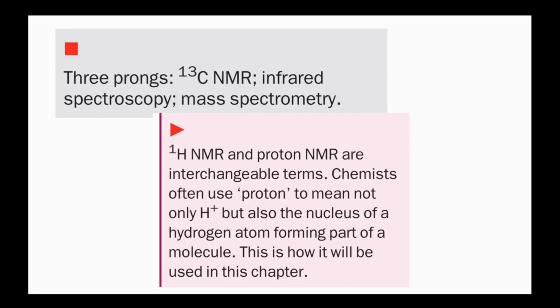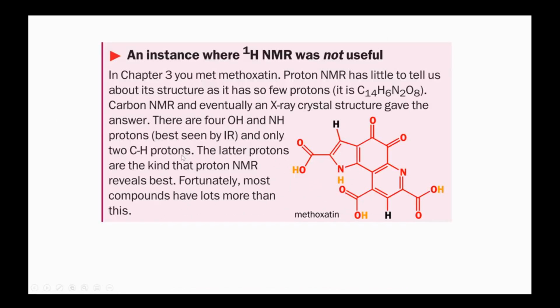That's why we write it 1H, and also we call it Proton NMR because it just contains one proton. This is how it will be used in this chapter. Okay, that was the clarification why we call it Proton NMR and why we write it 1H.